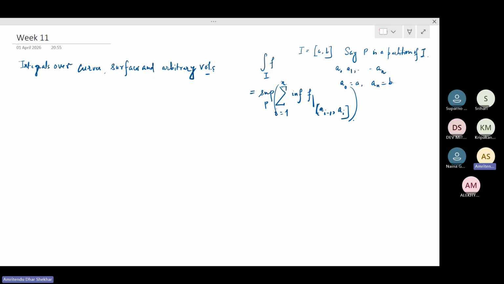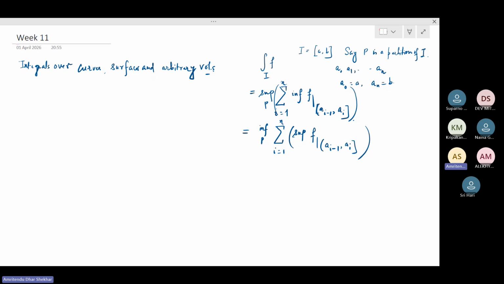So of course, if this quantity exists, you can consider another equivalent quantity, which is the infimum over all partitions P of the sum for i equal to 1 to n of the supremum of f over (a_{i-1}, a_i).